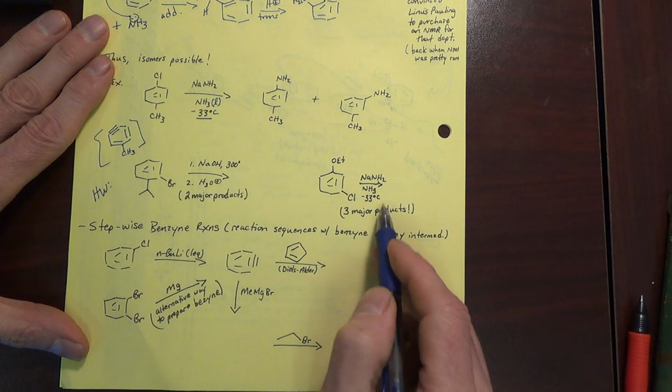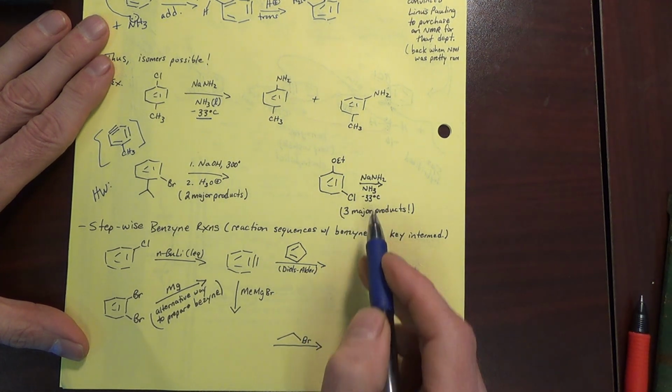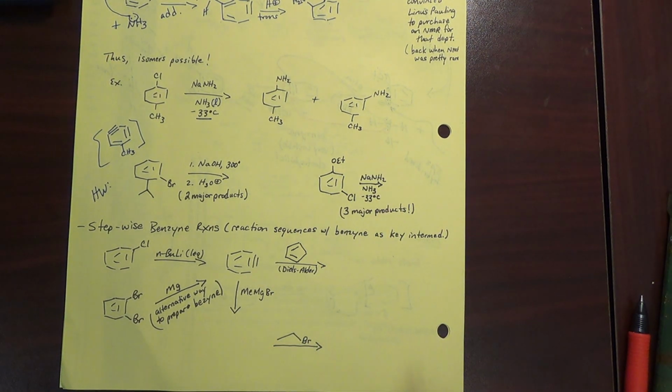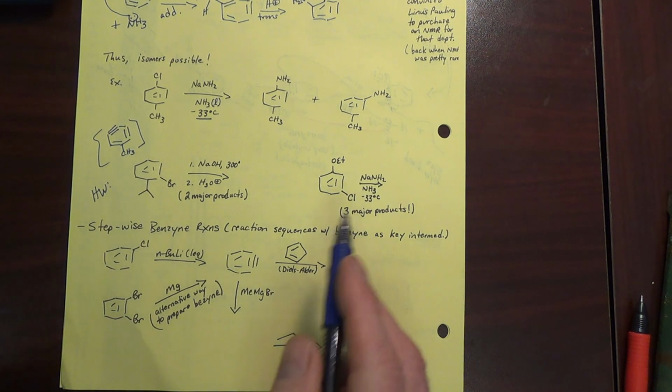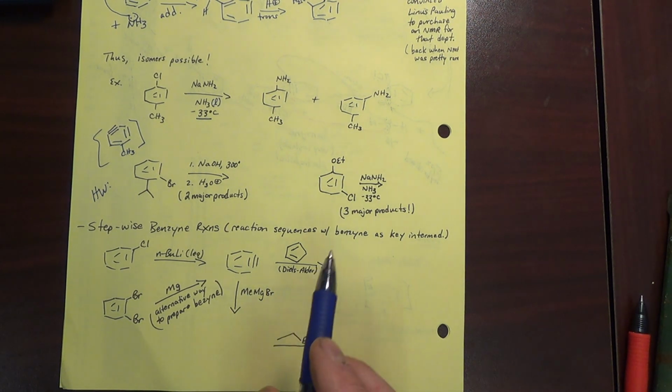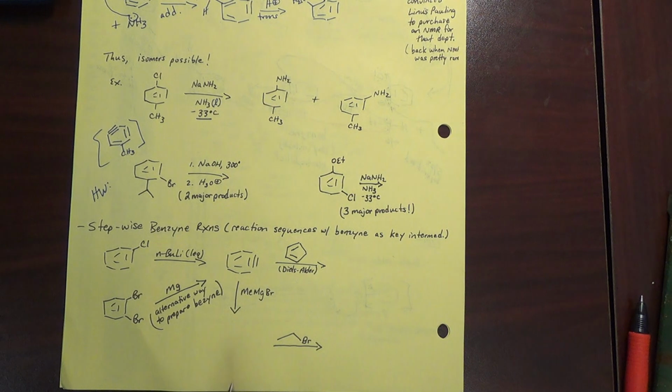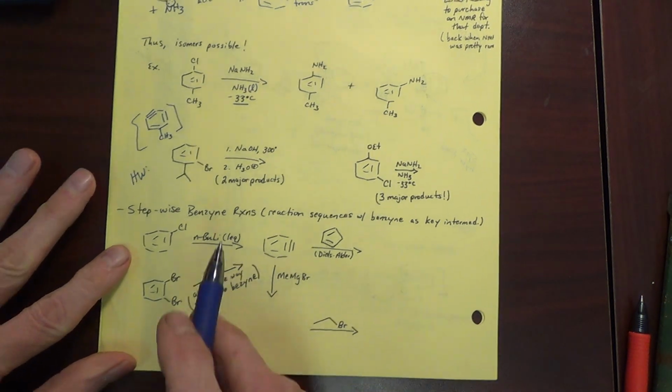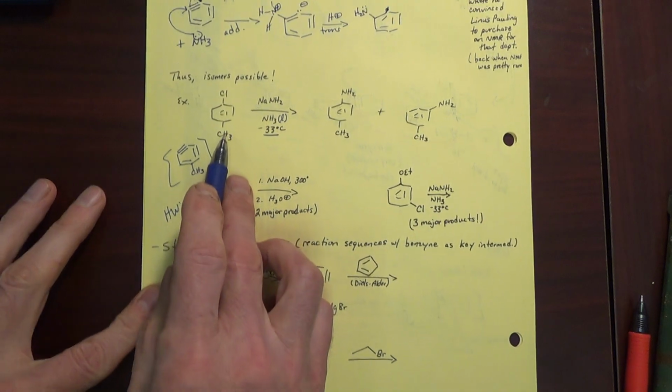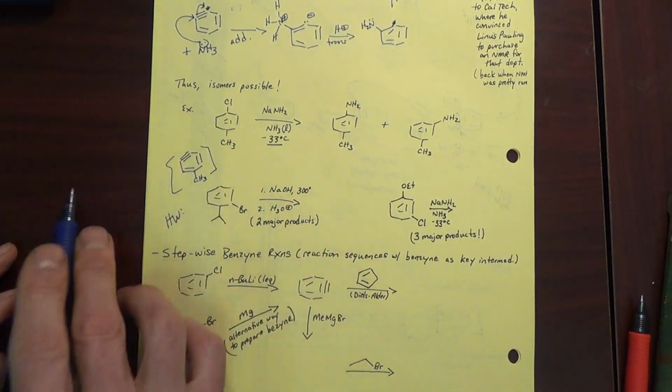See if you can think about how you can get three. And I'll give you a hint. It's because there's two different benzynes that can be formed. See over here, there's only one benzyne that's going to be formed.